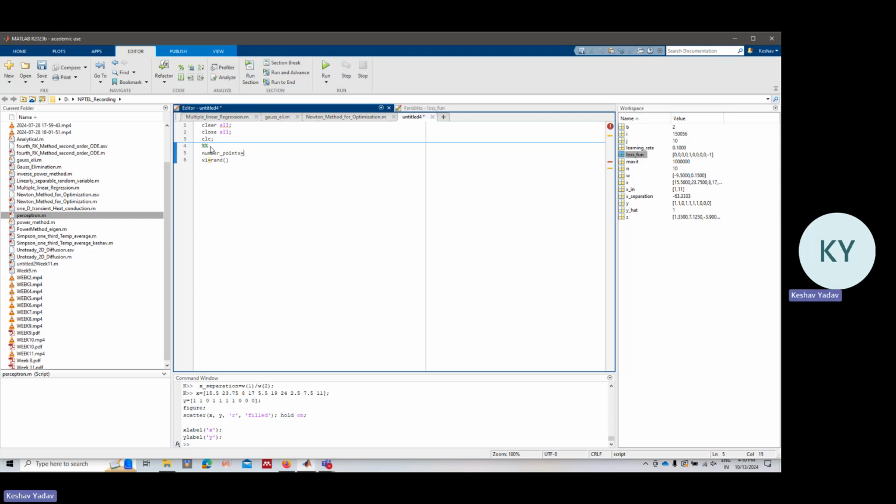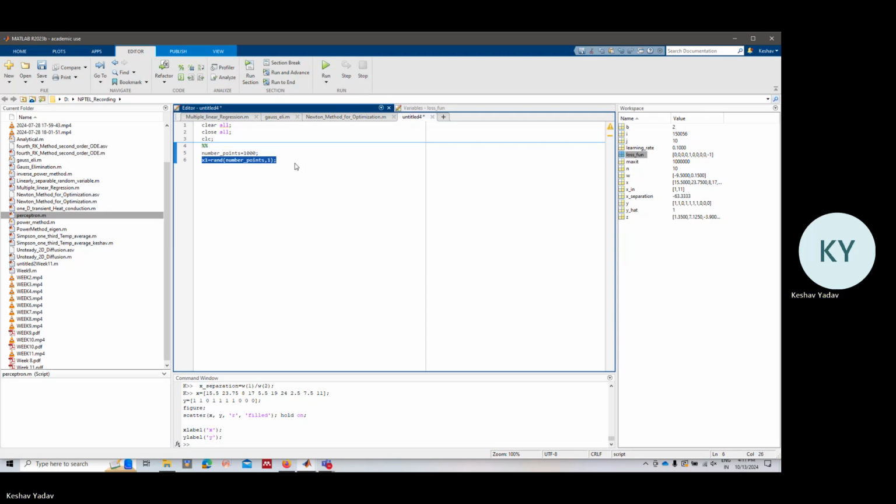Suppose I am taking 1000. So 1000 points we will generate. So x1 will be equal to rand of that, which will generate 1000 points between 0 to 1. Similarly x2 and y2 also I want to generate.